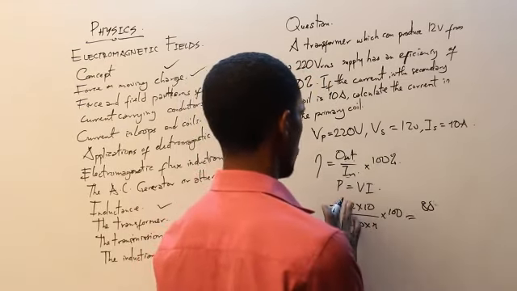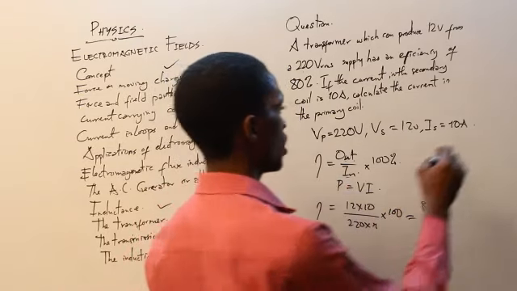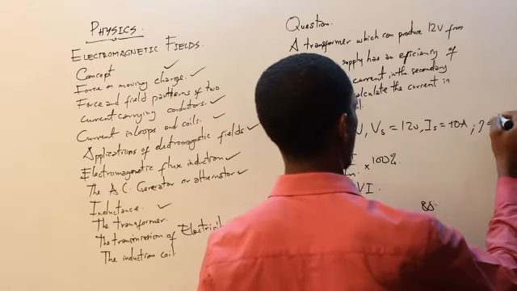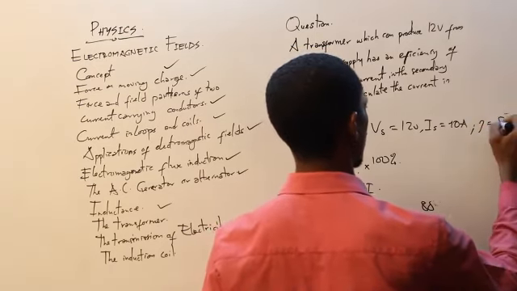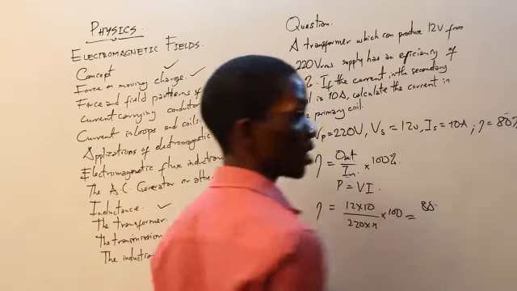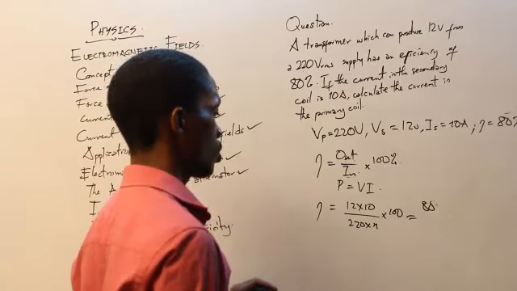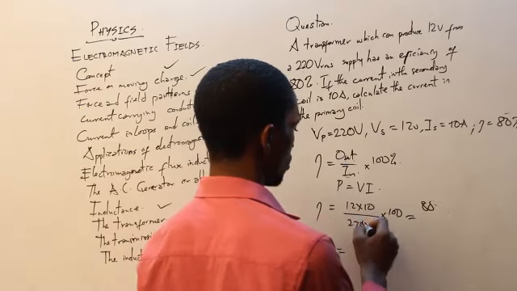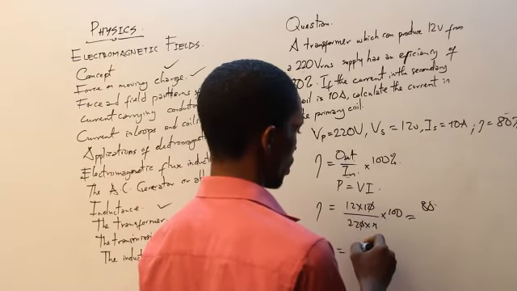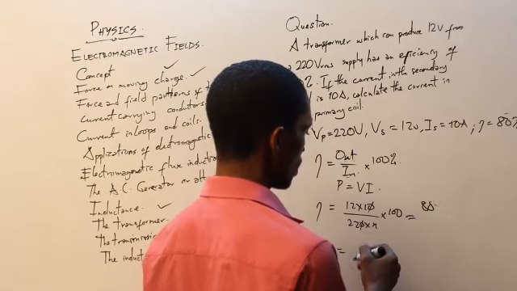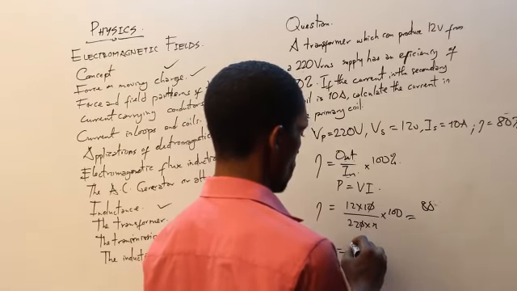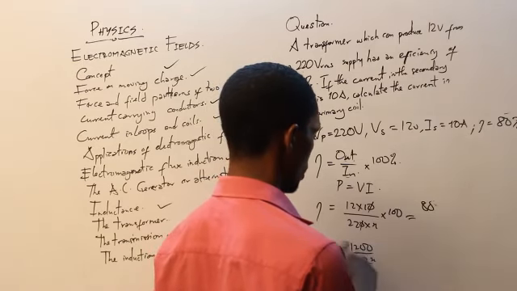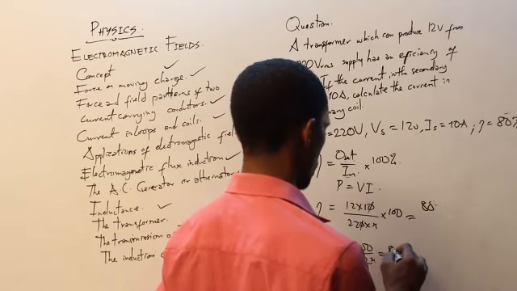That's efficiency. We're told our efficiency equals 80%. So solving mathematically, we'll have the 0 cancel out the 0, 1200 over 22x equals 80.